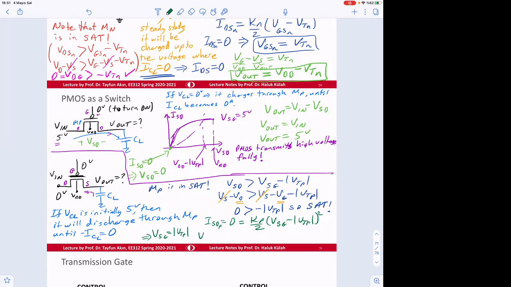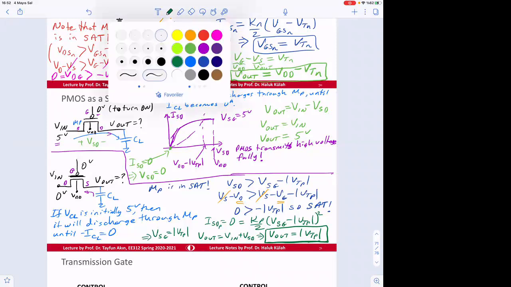So what is V out? V out is equal to V in plus V source to drain, or source to gate, because the other side is ground. So in any case, V out will be equal to VTP. Okay, so it cannot be discharged down to 0.